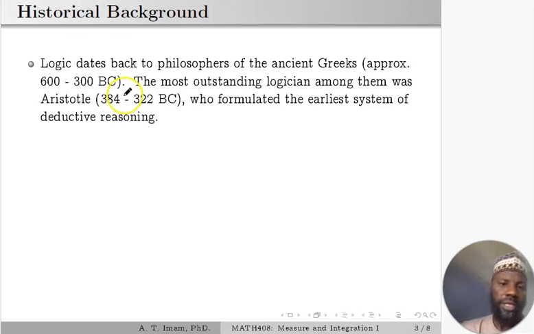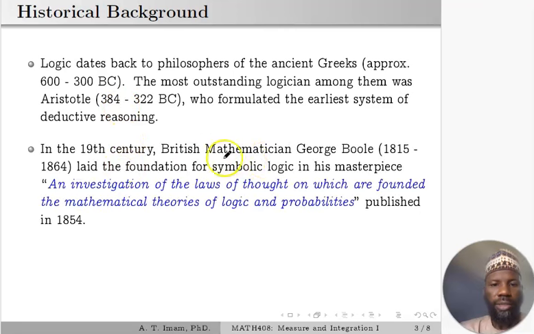But then in the 19th century, the British mathematician George Boole laid the foundation for symbolic logic in his textbook, An Investigation of the Laws of Thought, on which are founded the mathematical theories of logic and probabilities, published in 1854.